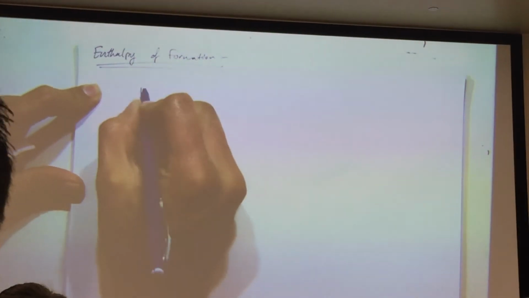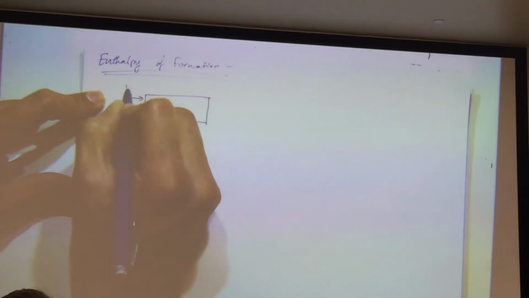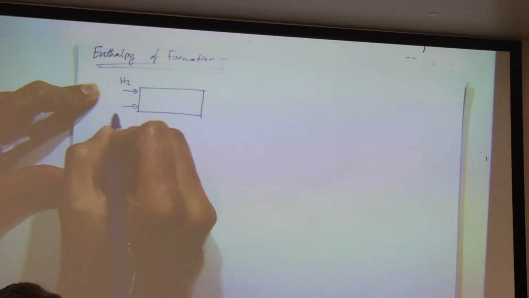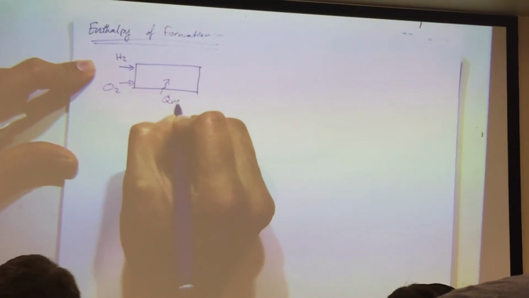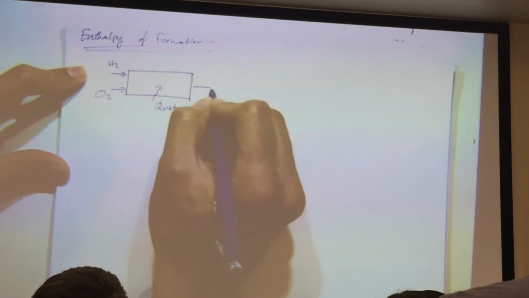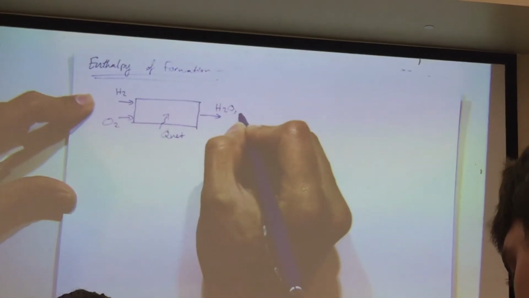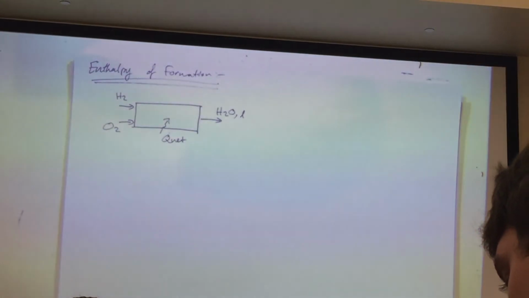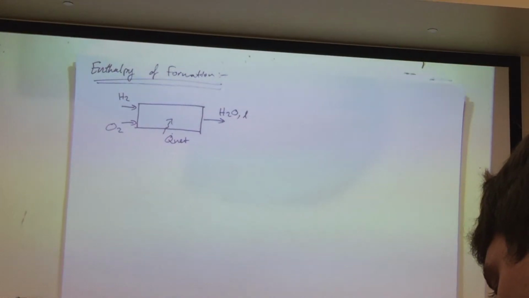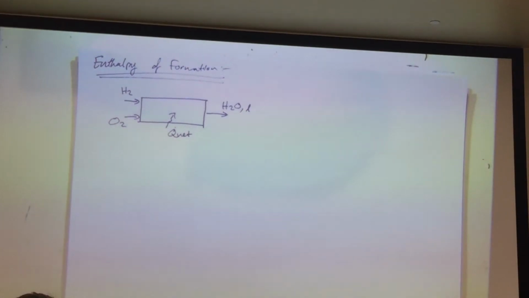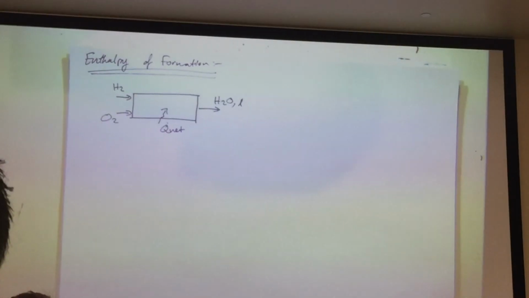If I have some system, and I have some hydrogen and some oxygen and some Q net, I don't know if it's in or out, and what I want as an output is H2O in the liquid form. So I have hydrogen, which is my fuel here, oxygen is my oxidizer that I can burn, and I can get H2O in a liquid form.